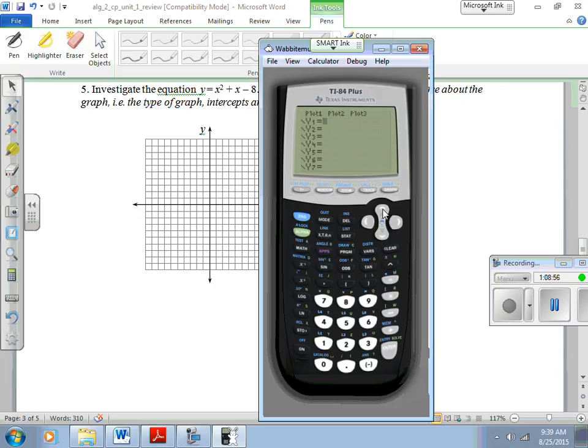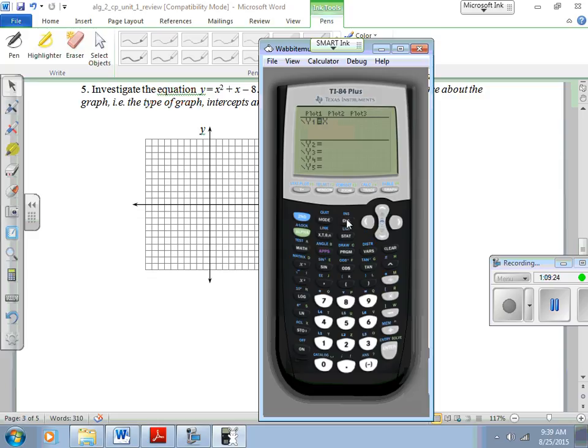Are you ready? First thing is x. Next thing is we're going to square it. So we're going to hit the second button and raise it to the second power. No. If you did that in there like I did, hit delete.